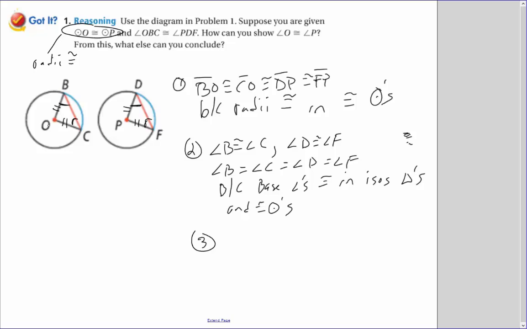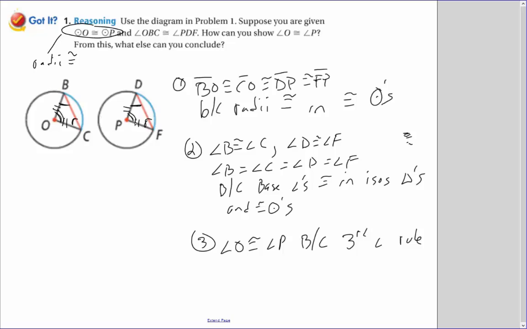Therefore, I know now that angle O and angle P are congruent because of the third angle rule. So if I have two congruent pairs of angles in two different triangles, it makes the third angles congruent.